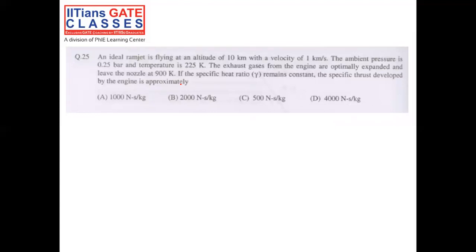Okay, so basically you have to find out the specific thrust of a ramjet engine, and the values of some quantities are given. As per the given information, the ramjet is flying at a velocity of 1 kilometer per second. So UI, that is the velocity at which the engine is flying, is 1 kilometer per second, which is nothing but 1000 meter per second.